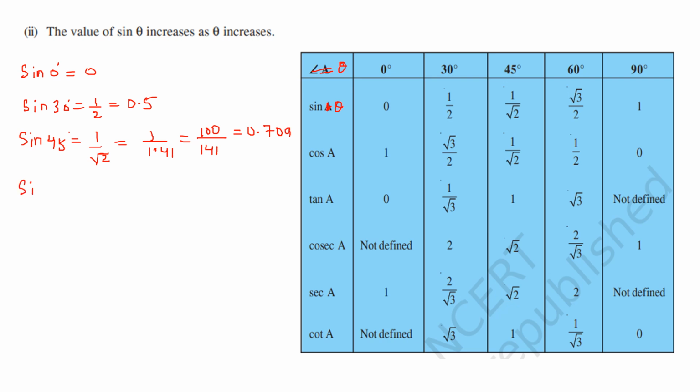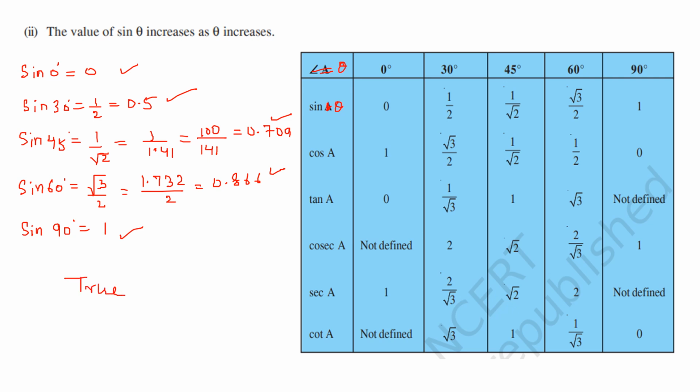Next, sine 60 degree is root 3 by 2, and if I take root 3 as 1.732 by 2, I will get 0.866, and sine 90 degree is 1. So if you see the values, first it was 0, 0.5, 0.7, 0.8 and 1. So when I increase theta from 0 degree to 30 degree to 45 degree to 60 degree to 90 degree, its value is also increasing, isn't it? So this statement is true.